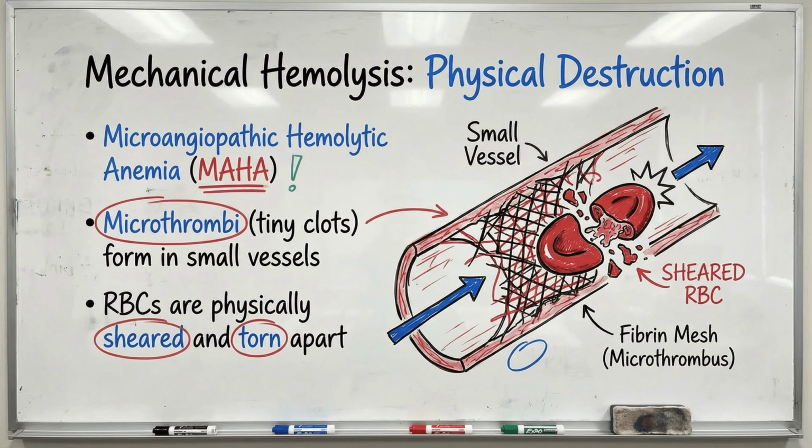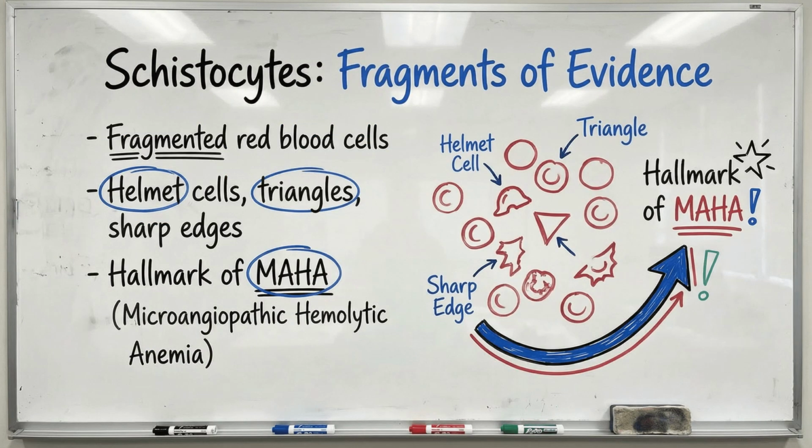What do these shredded cells look like? The telltale sign of mechanical hemolysis, especially MAHA, is the presence of schistocytes on the peripheral smear. These are fragmented red blood cells, often appearing as helmet cells, triangles, or other bizarre shapes, always with sharp, irregular edges.